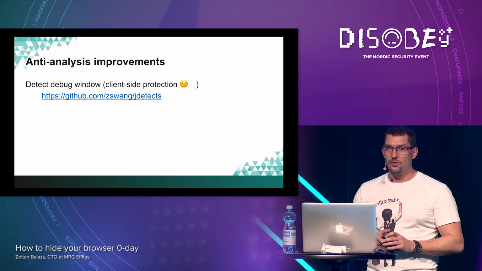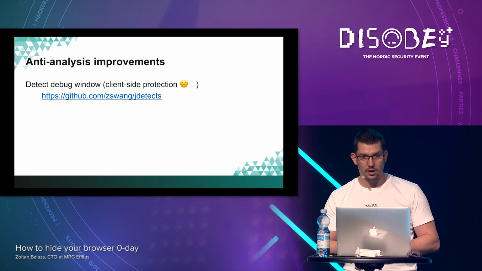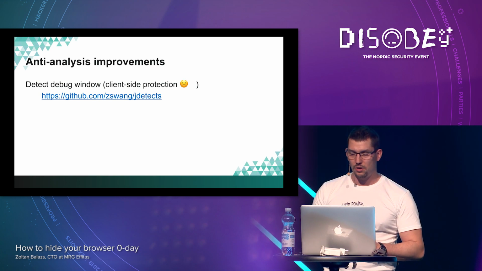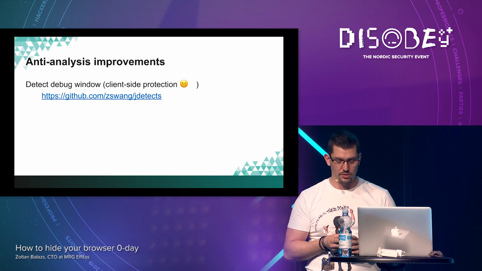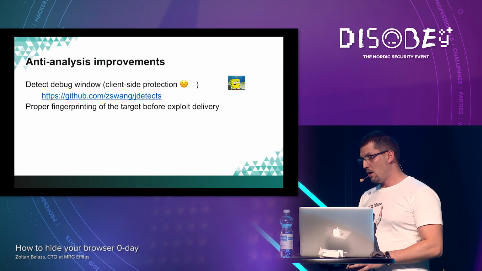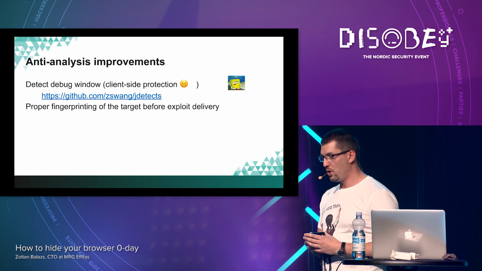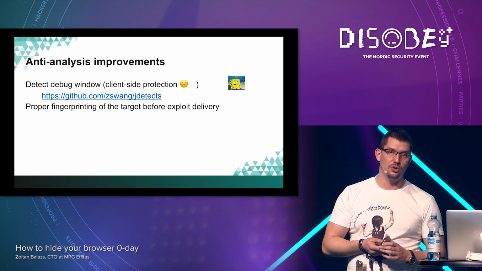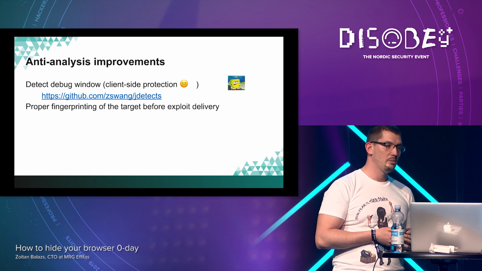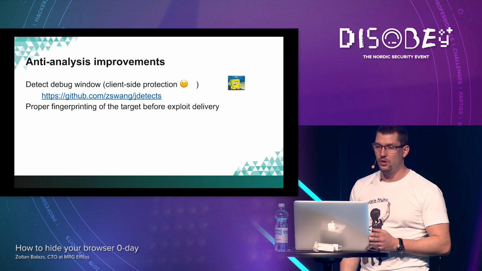Again, from an offensive point of view, if you want to make blue teamers' life even harder, you can try to detect whenever the debug window is open in the browser. I didn't implement this. Again, if you are doing real offensive security, you should really do proper fingerprinting of the target before you deliver your precious zero-day exploit.